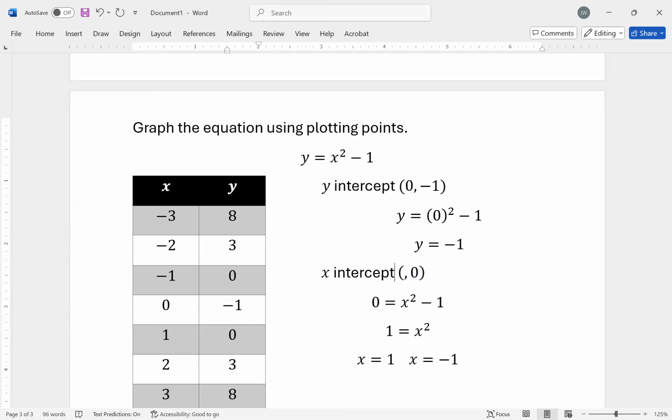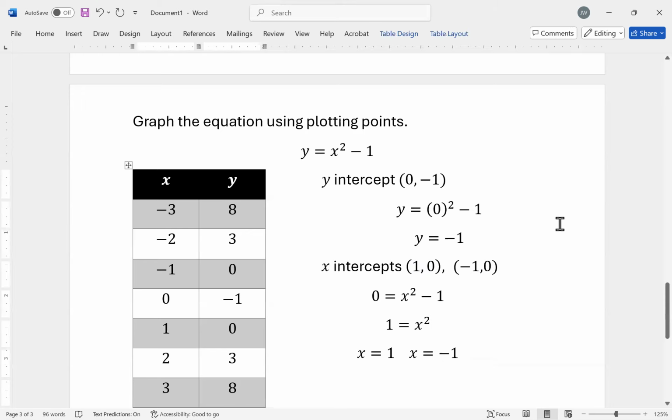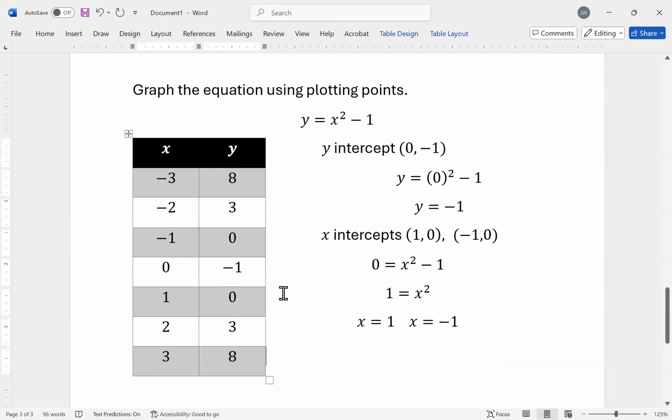So here we actually have two x-intercepts. One is the point 1, 0, and the other is the point negative 1, 0. So two x-intercepts on this graph, two places where this graph hits the x-axis.